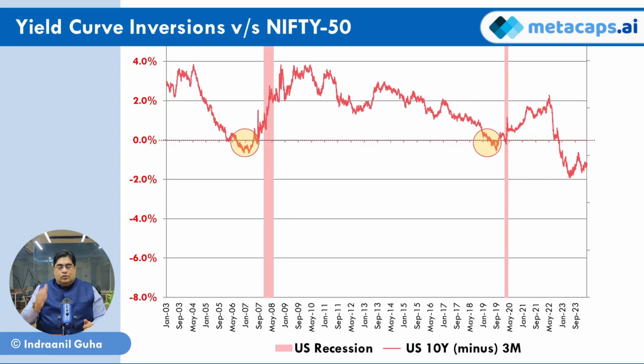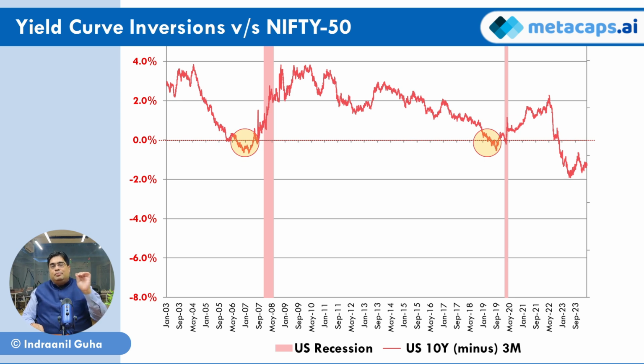So this is the yield curve that we saw a while back. The red line represents the difference between 10-year US government bond yields and 3-month US government bill rates. I'm looking at the yield curve only over the last 20-year period, because this is what is relevant for us here in India.